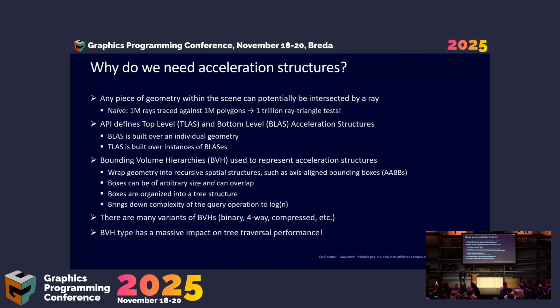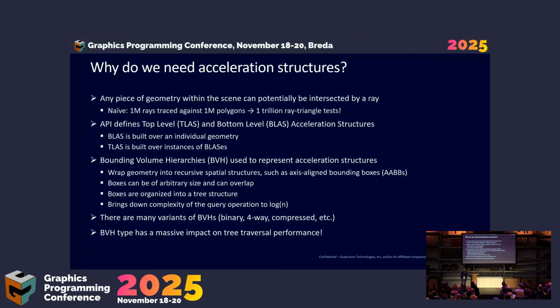There are many variants of BVHs, right? There are binary trees, quad trees, they can be compressed, not compressed. So again, it all depends on some secret sauce that IHVs internally use. But the main point here is that the better BVH we build, the faster the traversal will be.